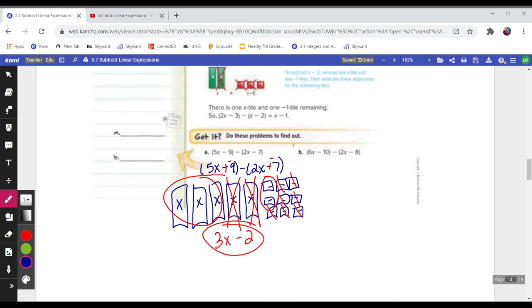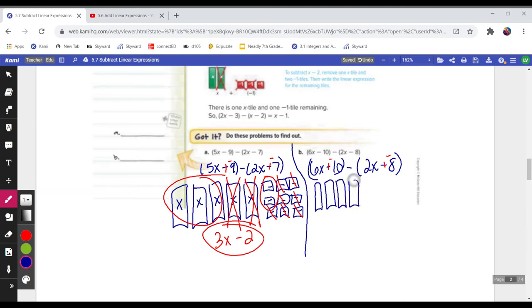Letter B. We have the quantity 6x minus 10 minus the quantity 2x minus 8. So there's subtraction. So I'm going to add and make that a negative 10, add and make that a negative 8. So I'm going to make 6 x's and 10 negative ones.